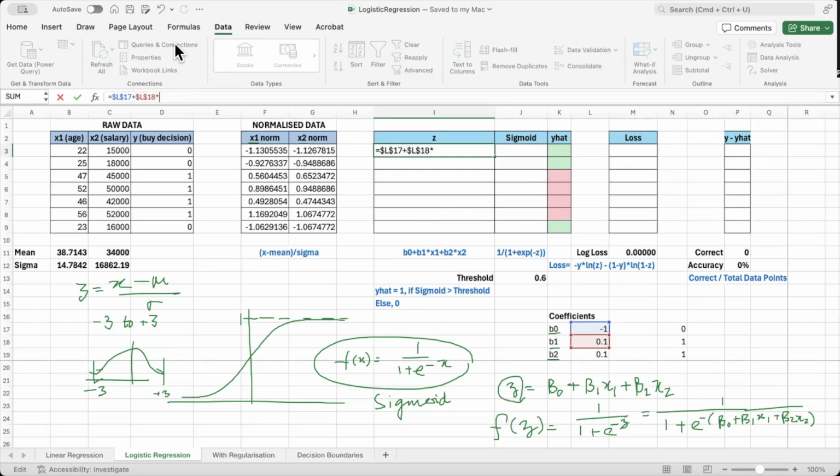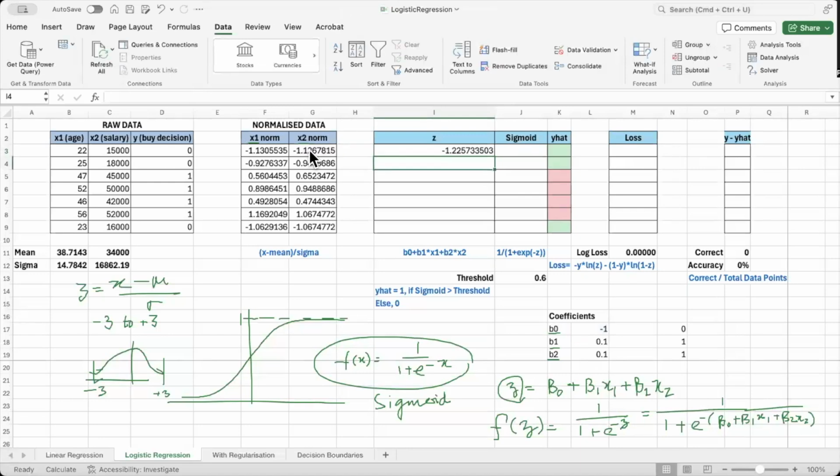So I can find this for all the data points.